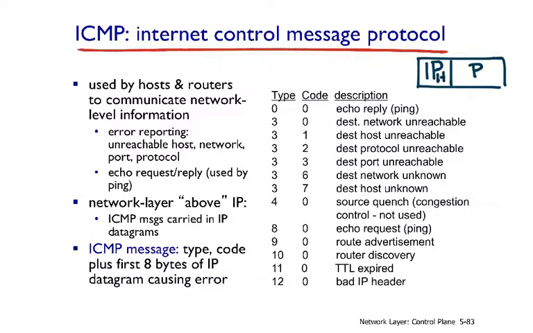So the question is, how can we know that an ICMP packet is encapsulated inside an IPv4 packet? Well, as usual, the protocol field inside the IPv4 header tells us that the specific payload type is an ICMP packet. Moreover, an ICMP message or packet is composed of a header and a payload.